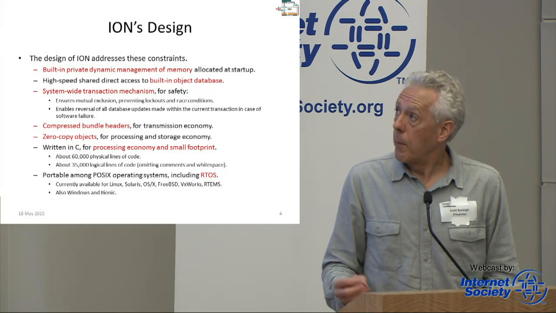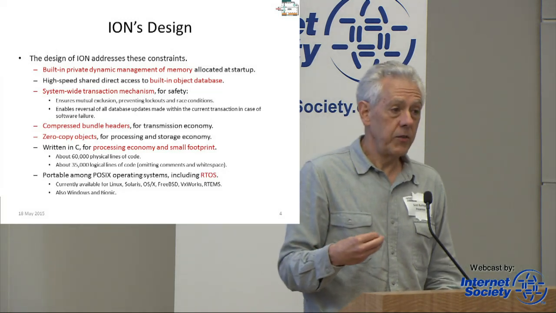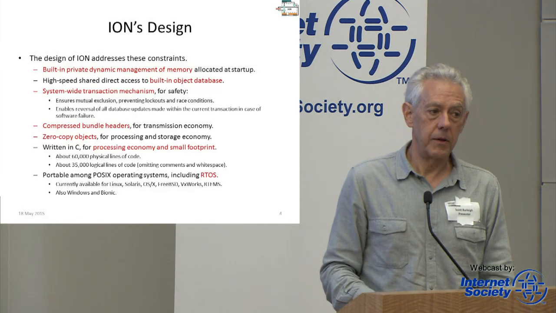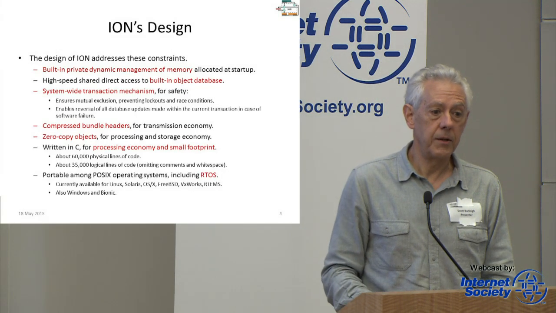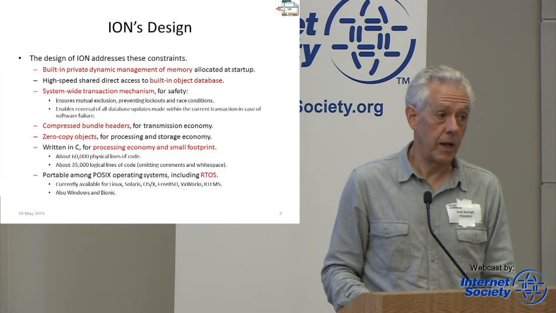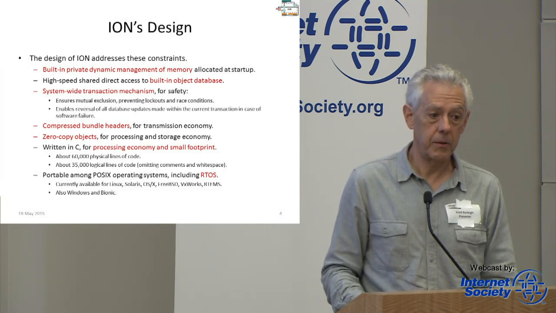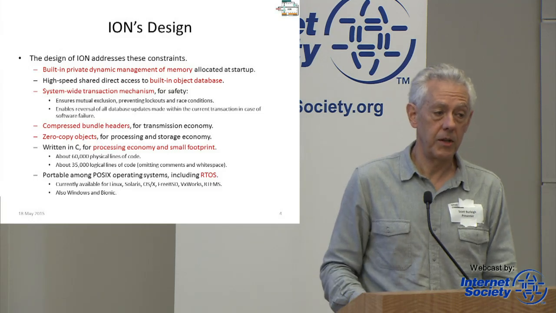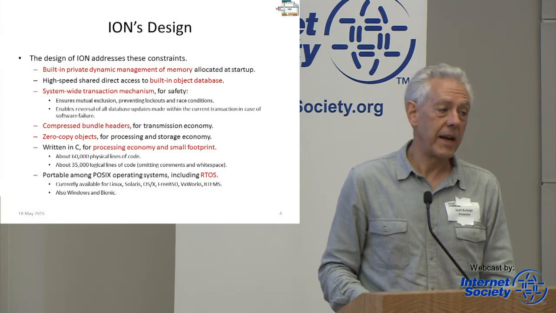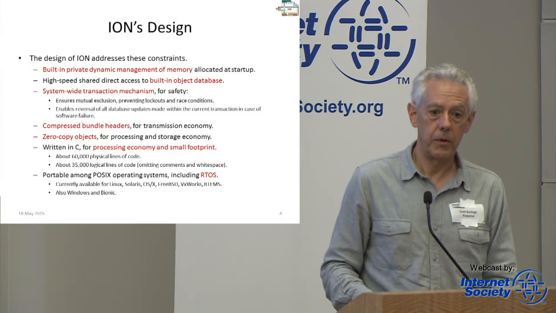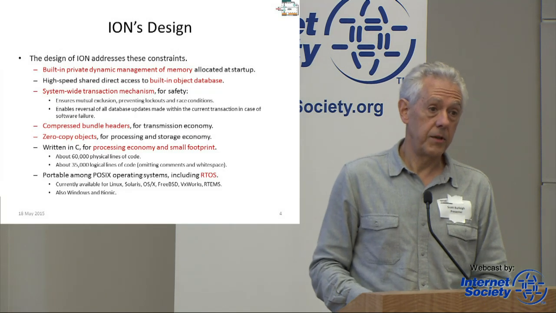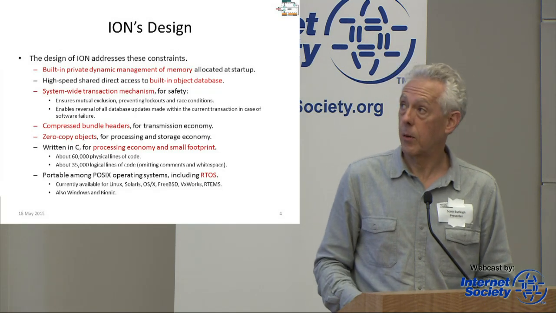There's a built-in object database for data management, and that's a high-speed and highly reliable object database system with a transaction mechanism that's built in to enable backing out partial updates to the database to avoid data integrity problems.